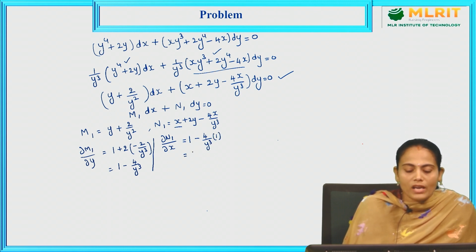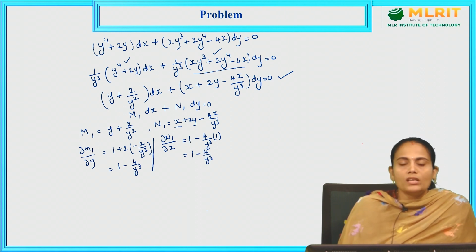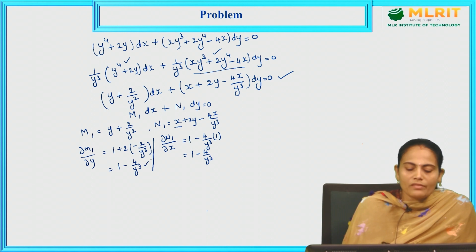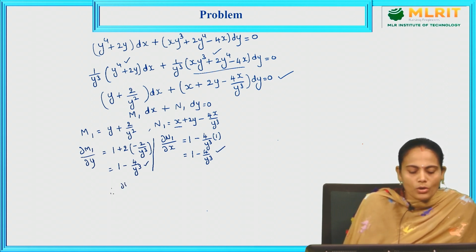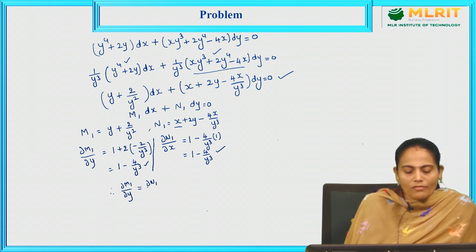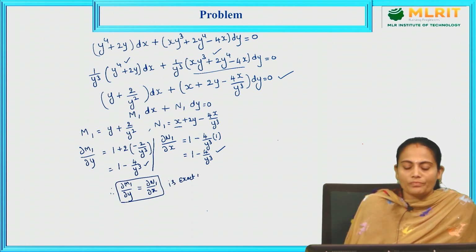So this value is 1 minus 4 by y cube. Now observe that these two derivative values are similar, right? So therefore ∂M1 by ∂y is equal to ∂N1 by ∂x. So now this equation is an exact differential equation, right?